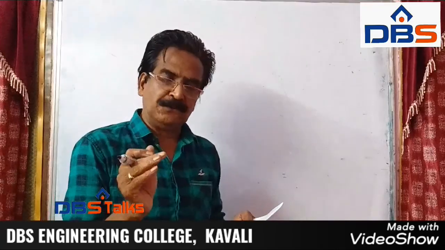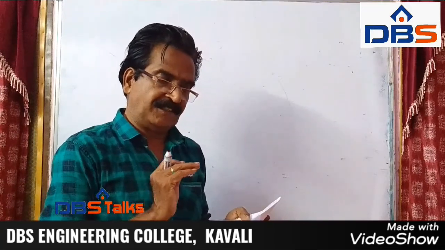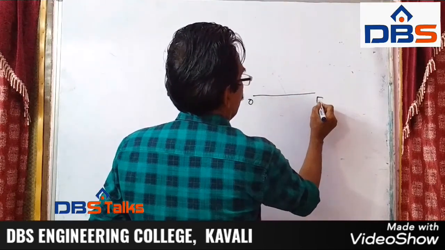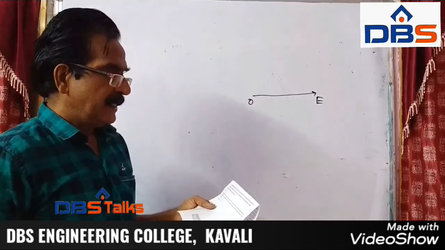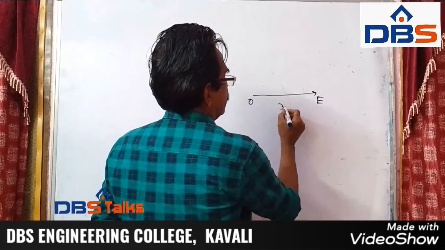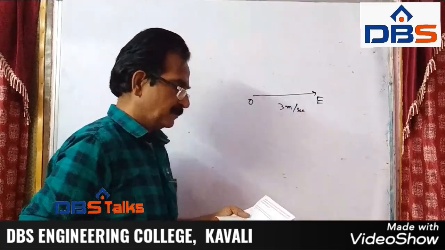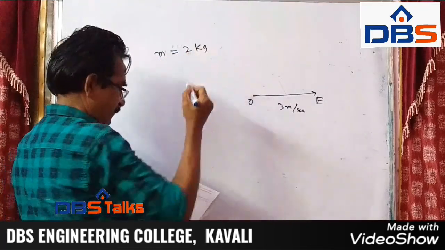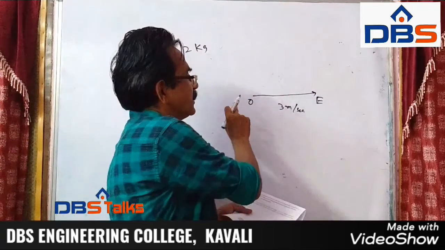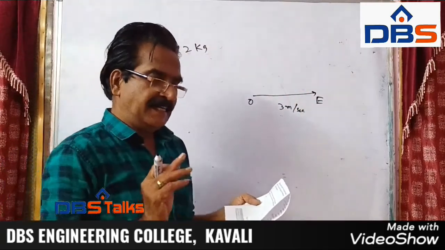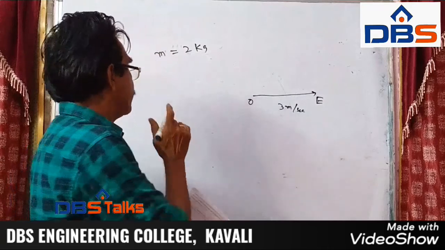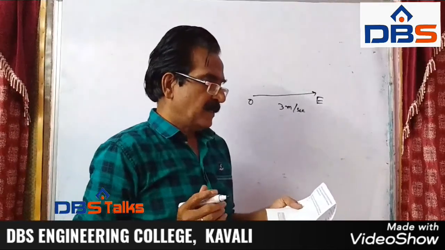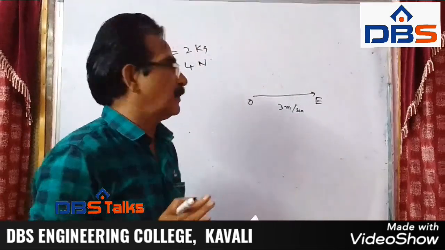A body of mass 2 kg has an initial velocity of 3 meters per second along OE, and it is subjected to a force of 4 newtons, F is equal to 4 newtons, in the OF direction perpendicular to OE.